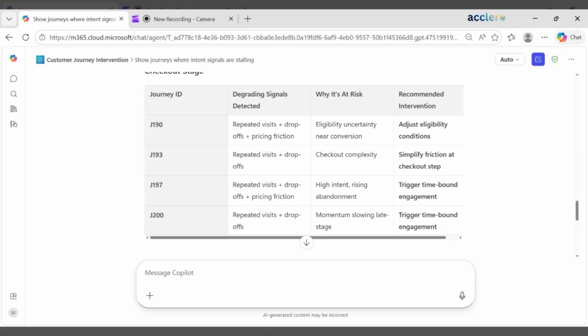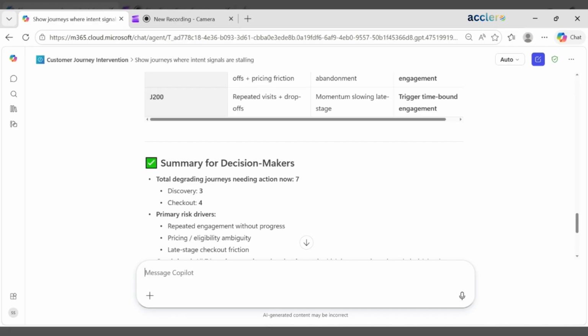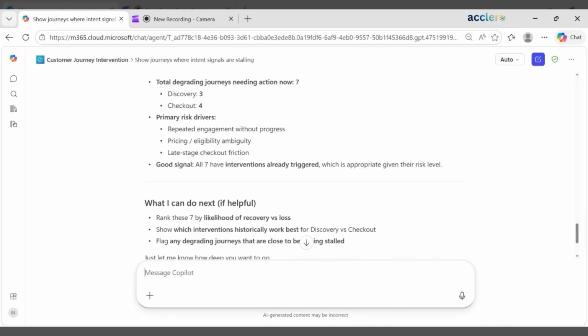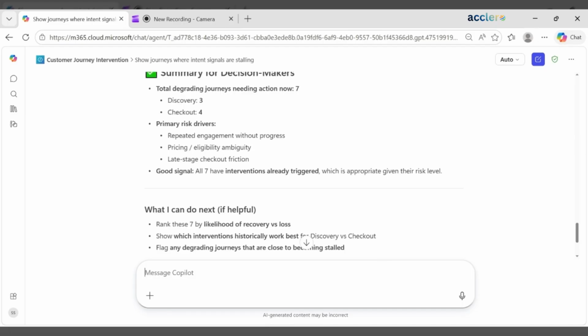At this point it becomes a decision moment where immediate action is required to recover the intent. The agent recommends immediate interventions like time-bound engagement, simplifying the flows or adjusting the eligibility, depending on the friction pattern.